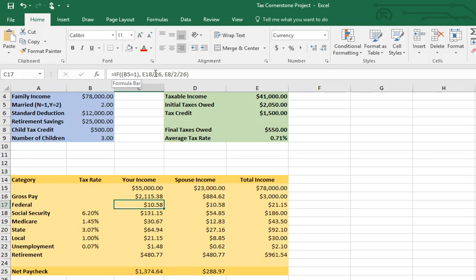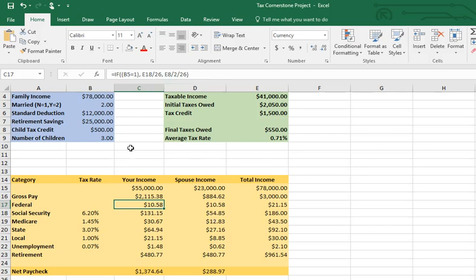But if you are married, comma, otherwise, let me say that again. If you're not married, E18 divided by 26. Otherwise, if you're married, that's what that comma means, then we're going to take your taxes from E18, that's right here, divided by 2, because your spouse is going to pay half of it, divided by 26.